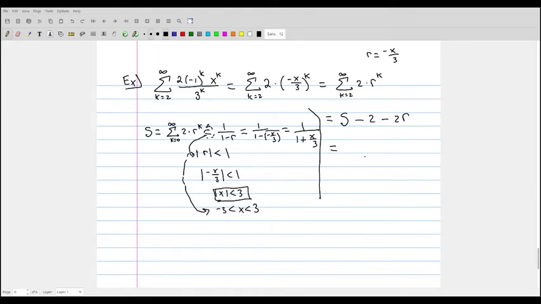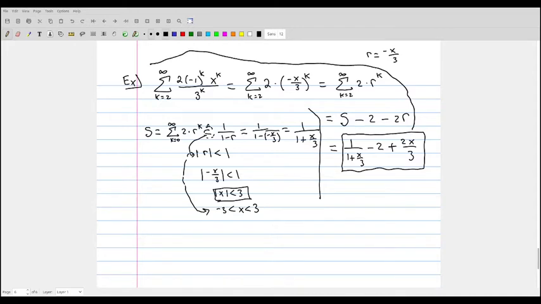So this series right here converges to 1 over 1 plus x over 3 minus 2, minus 2 times negative x over 3, which will be plus 2 times x over 3. But it turns out then that this function is exactly the same as this infinite power series when x is between negative 3 and positive 3, or the absolute value of x is less than 3.